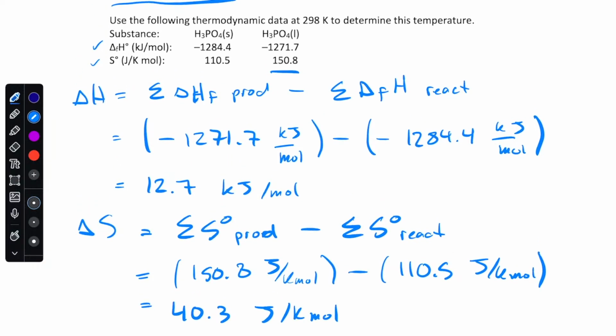Positive number, which we're happy about, so we're good. So the question is asking us, at what temperature does the process reach equilibrium? At equilibrium, our delta G is equal to 0.